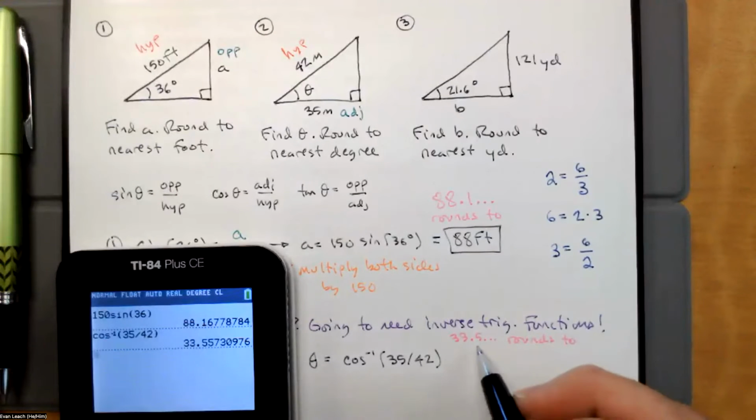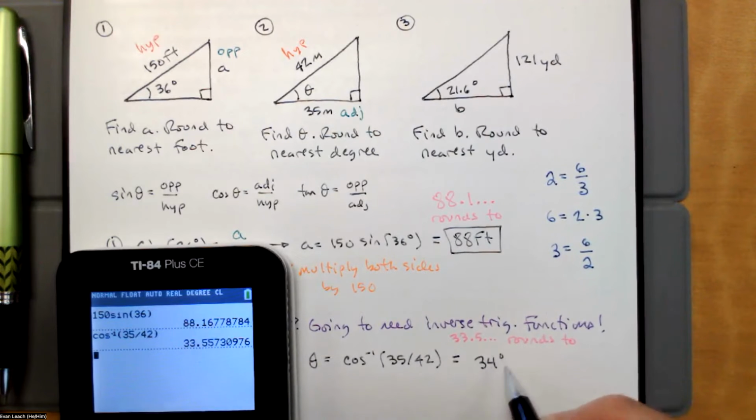The 5 says move the 3 up to a 4 because you have passed halfway, so we'll go to the next full degree.